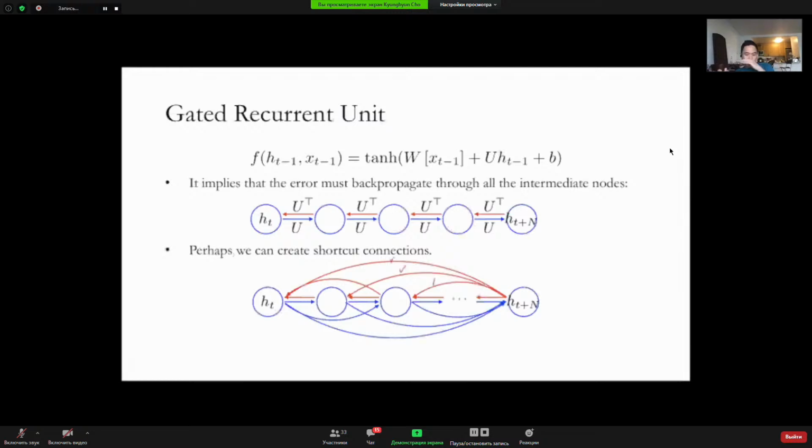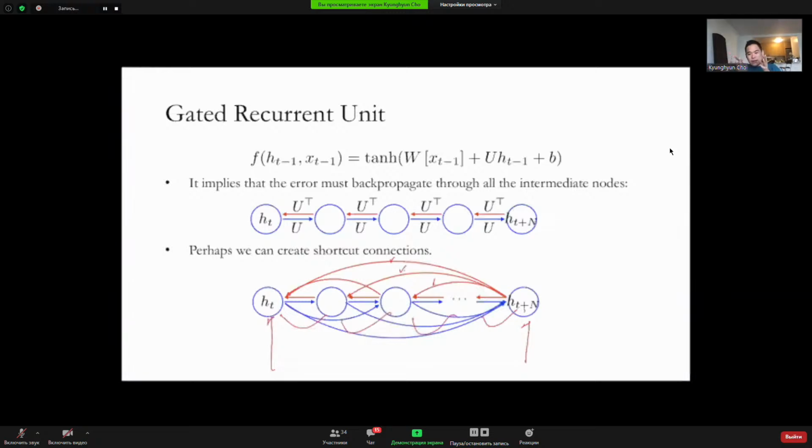It looks like so, because without the shortcut connection, the temporal difference between time step t and t+n has to be written down as the product of all these intermediate changes. However, if I had a shortcut connection, then this temporal difference is going to be described as a sum of the temporal differences of all these shortcut connections.